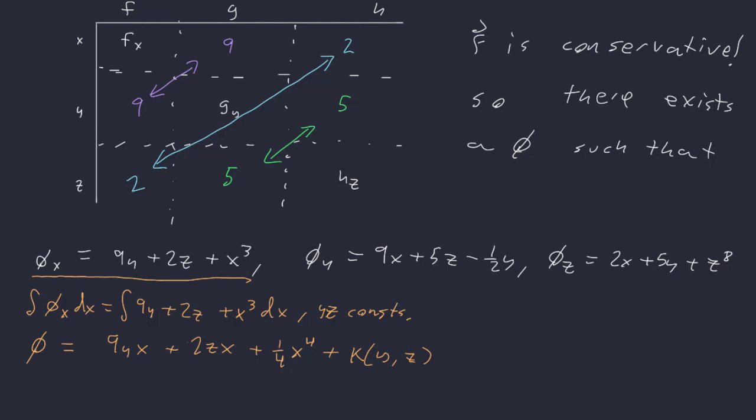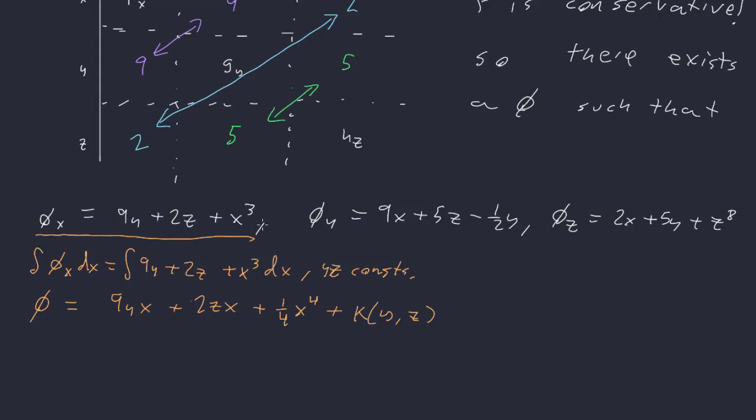Then we're going to take the derivative with respect to the next variable. It's always integral, derivative, integral, derivative. So now I'm going to differentiate with respect to y and see what we get.